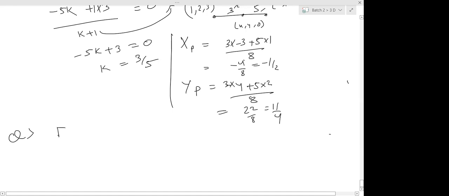Find the ratio. Whenever they ask you to find the ratio, assume the ratio to be k is to 1.